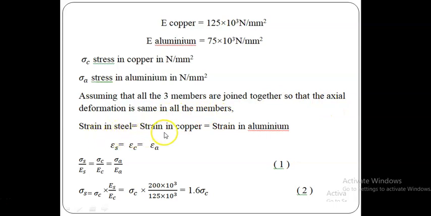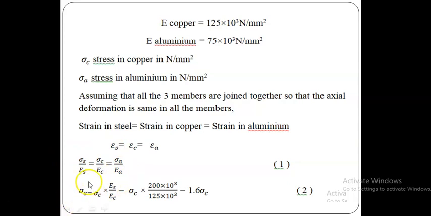Therefore strain in steel is equal to strain in copper is equal to strain in aluminum, which can be written as epsilon S equal to epsilon C equal to epsilon A, where epsilon S is sigma S by ES, epsilon C is sigma C by EC, and epsilon A is sigma A by EA. So all are equated.